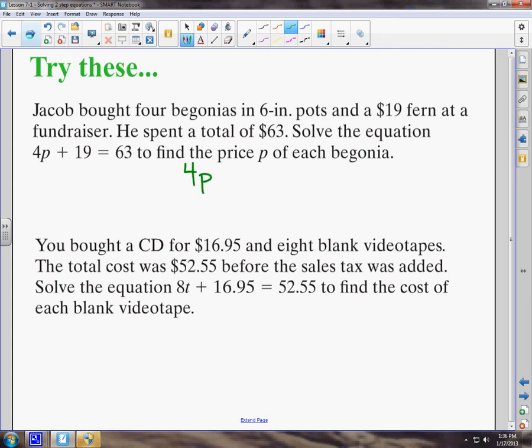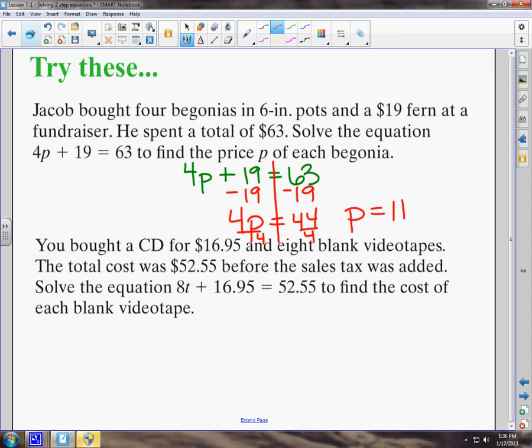So I have 4p plus 19 equals 63. I draw the line, I minus 19 from both sides. Then I get 4p equals 44. Then I divide both sides by 4, so p equals 11. So each begonia was $11.